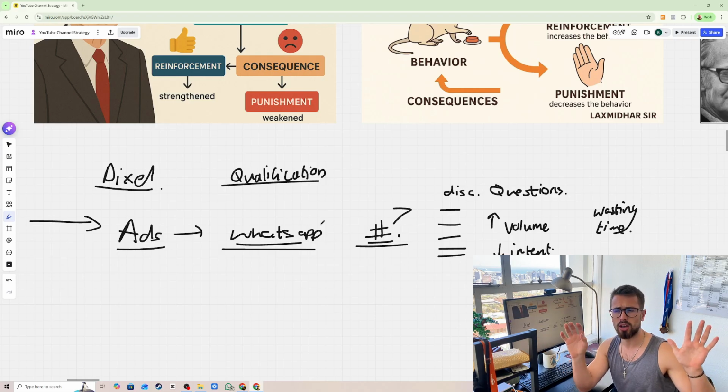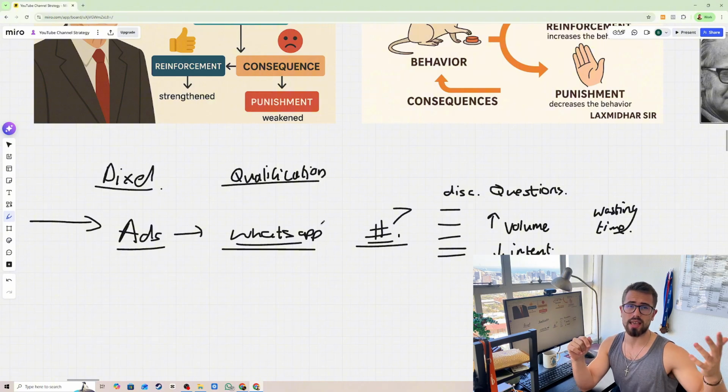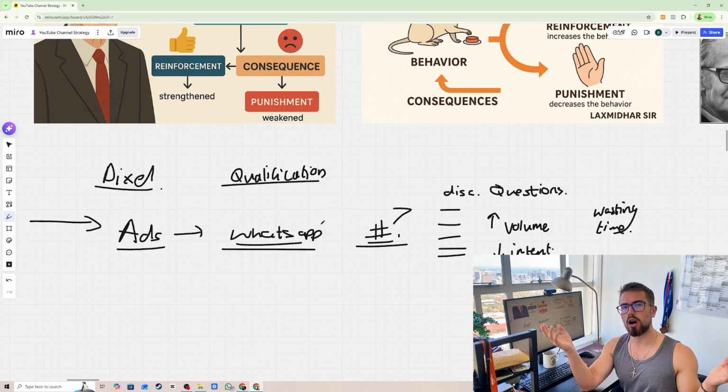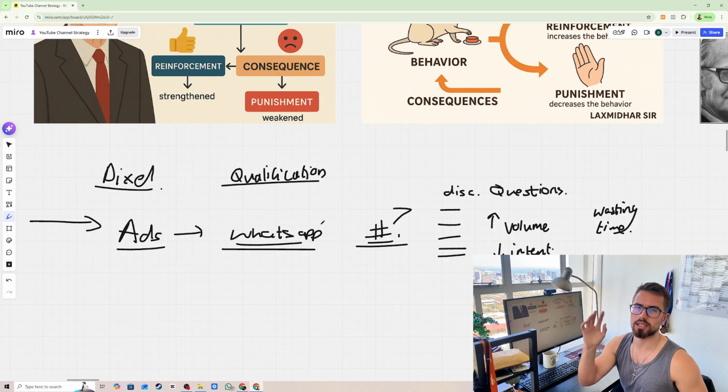I don't care about who they are, what industry they're in, what their revenue is, if they even own a business. I just want volume, volume, volume. That Pixel is then going to basically go after people who submit things. It's not going to be going after these very sophisticated people. It's just going to be going after people who submit forms during their free time.